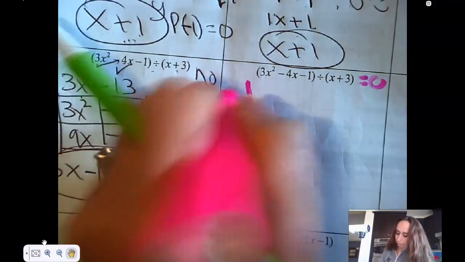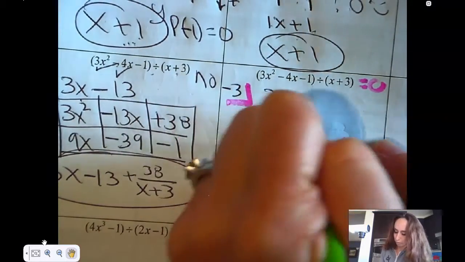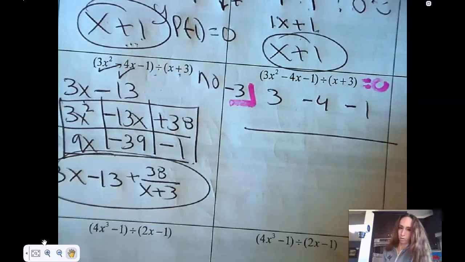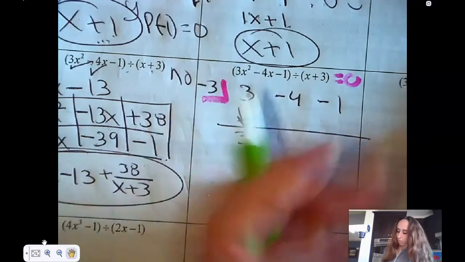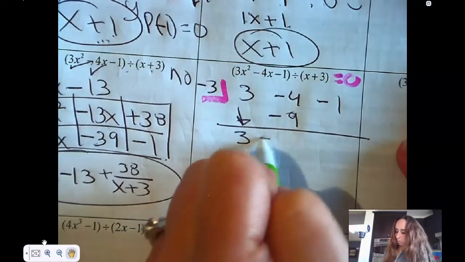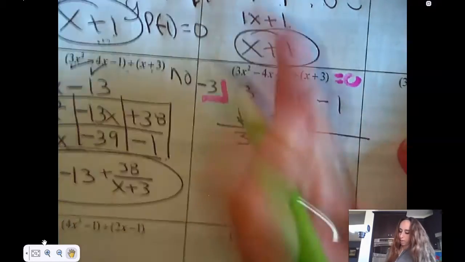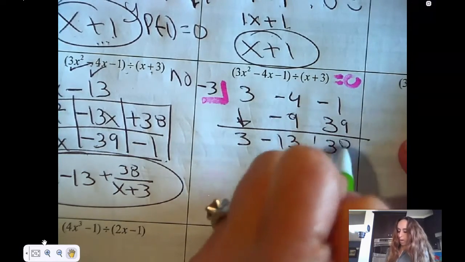And do my backwards L. What number goes here? Negative 3. Now take my coefficients, 3, negative 4, negative 1. Draw the line. It's the first thing I do. Bring down the 3. Diagonal, multiply. Vertical, add. Diagonal, multiply. Vertical, add.